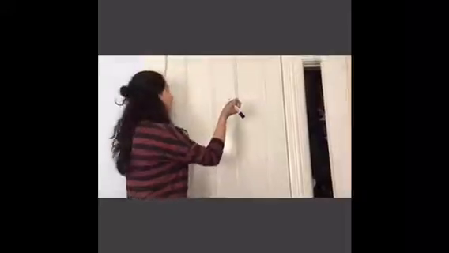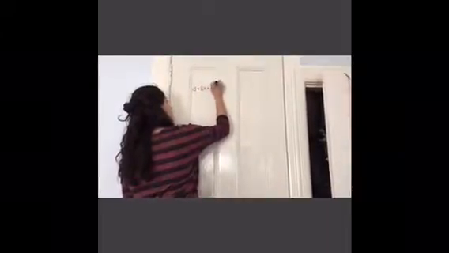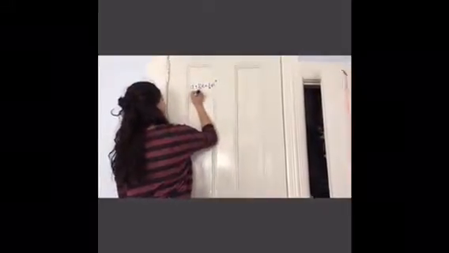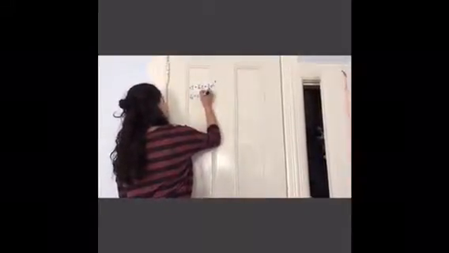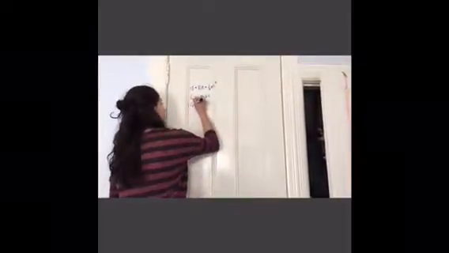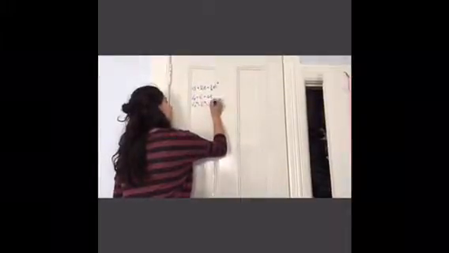So we start with one of our 3 kinematics equations. We would either use d equals vi t plus 1/2 a t squared, vf equals vi plus a t, or vf squared equals vi squared plus 2ad.